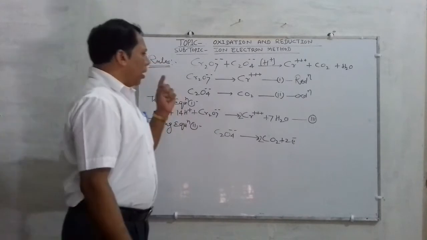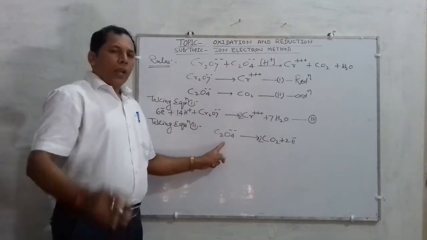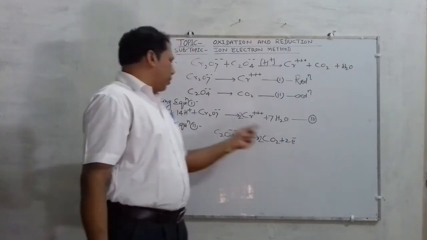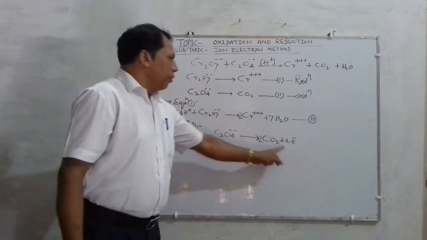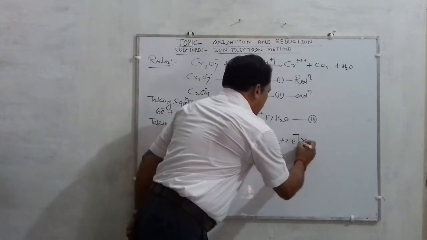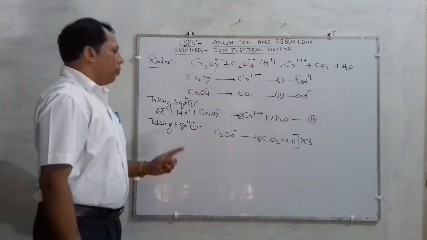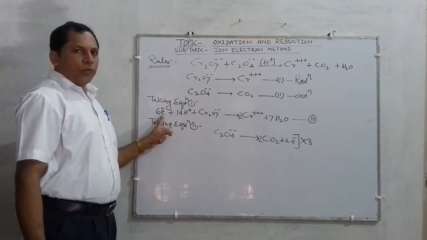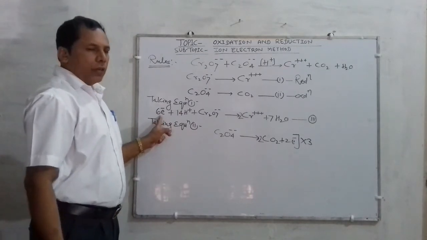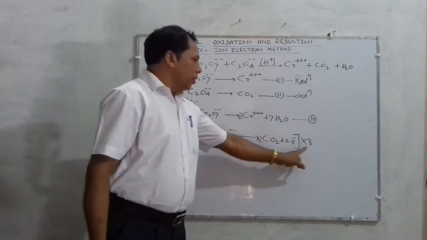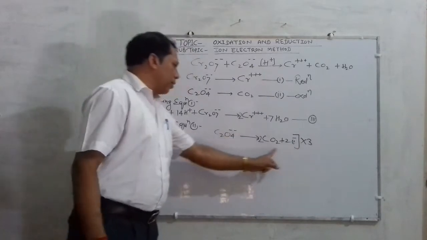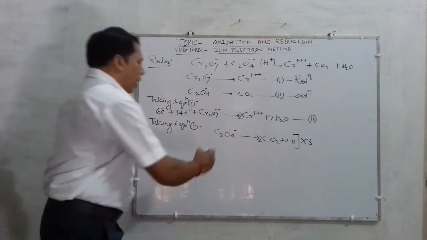Now children, you also know that for the cancellation of these electrons, we have to multiply this equation by 3. Why? Because in equation number 3 there are 6 electrons, so we have to cancel them out. This equation is multiplied by 3, and the multiplication should be on the whole equation.